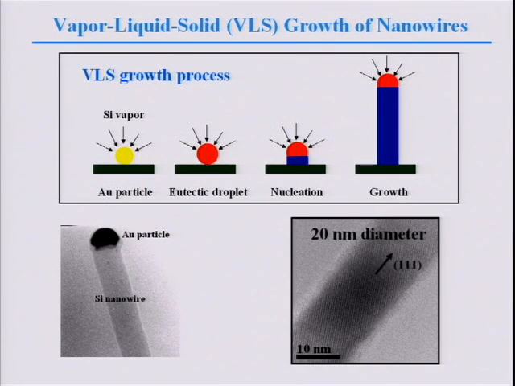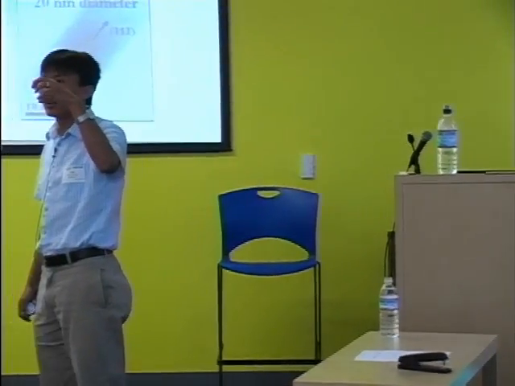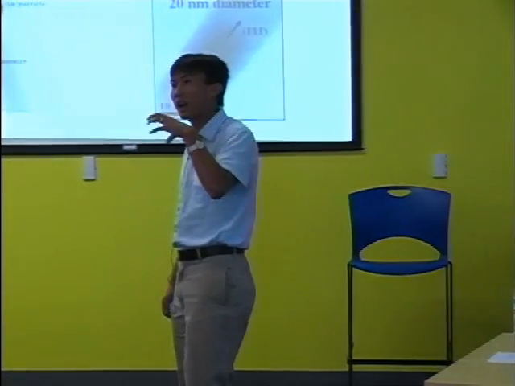Now, one more type of nanostructure produced by chemical synthesis, by a bottom-up approach, is semiconductor nanowires. There are many ways to make one-dimensional nanowires. One particularly powerful way I have been working on is the so-called vapor-liquid-solid growth of nanowires. It comes from this idea: you take tiny seed particles, nanoscale particles, that function as a catalyst.